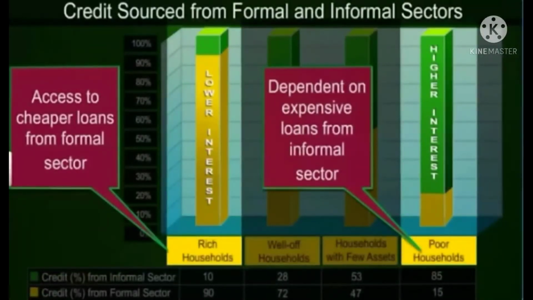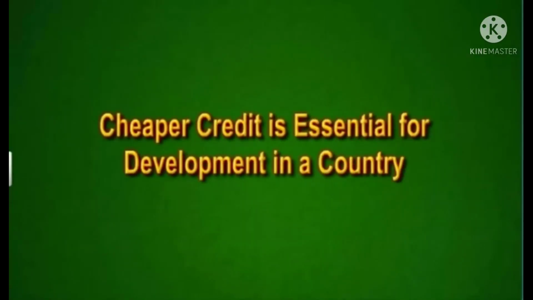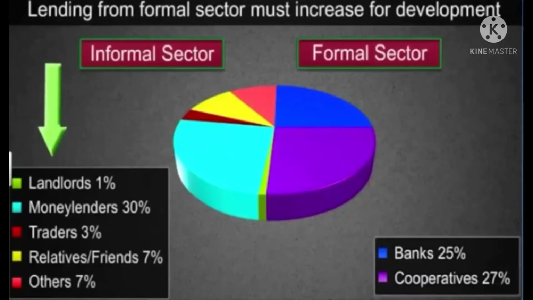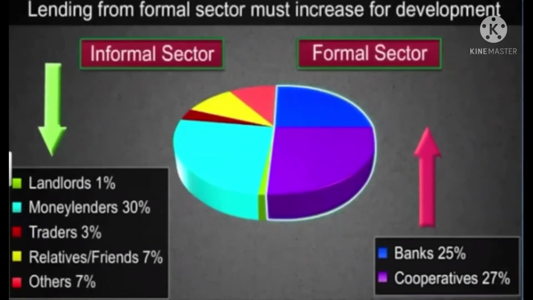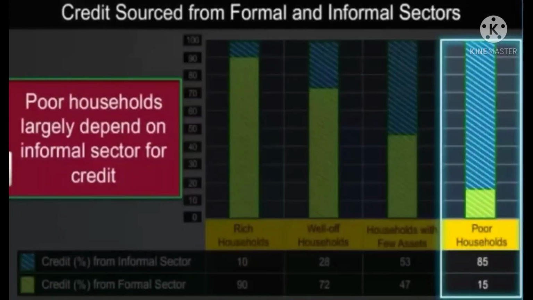Cheaper credit is essential for development in a country. Since the formal sector offers more affordable credit, it must increase its lending to more and more people, especially in rural areas. We have seen that poor households in India largely depend on the informal sector for their credit requirements.